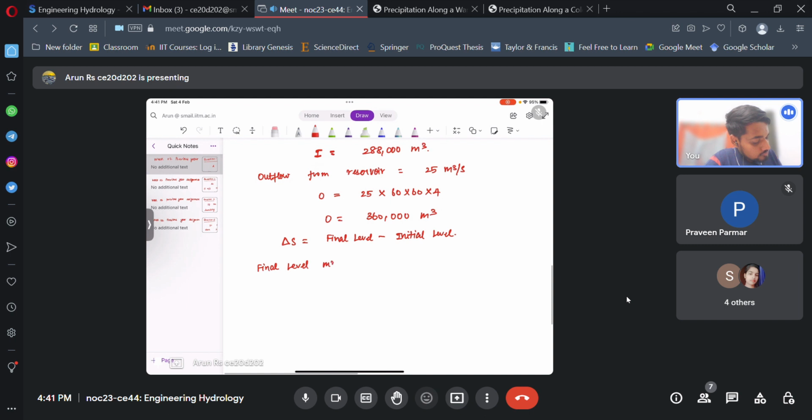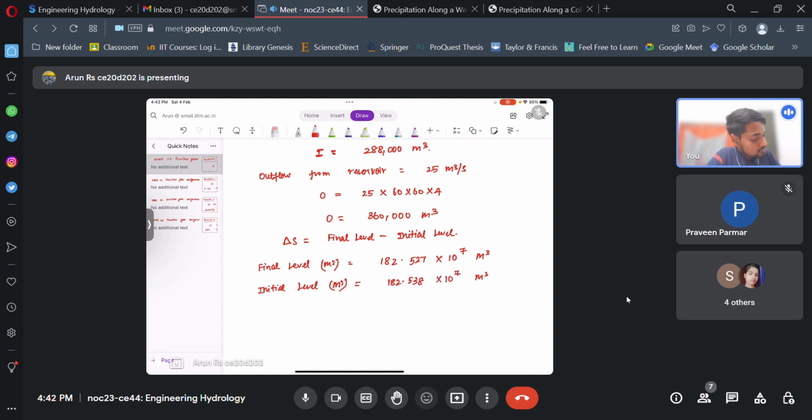So final level in meter cube is 182.538 meters multiplied by the surface area of the reservoir, which is 10 kilometer square. So it is this much meter cube, and initial level is 182.527 into your surface area of the reservoir.